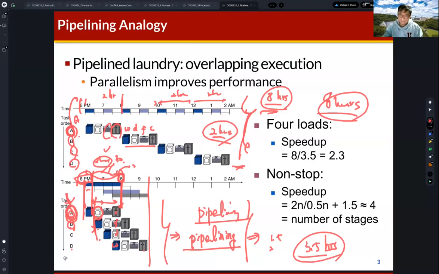We can apply this pipelining idea to the processor. Think about the processor: if high-level language code is compiled, many RISC-V instructions are generated. One application is compiled, so this application includes many instructions, like a single application including multiple tasks.